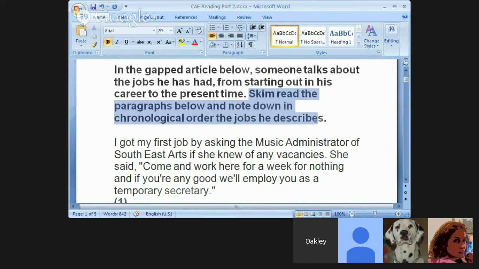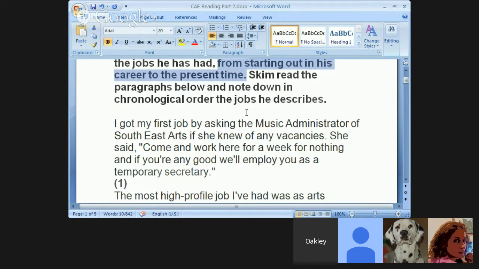Skim the paragraphs below and note down the chronological order of the jobs he describes. Well, this is kind of silly because he's already said starting out in his career to the present time. So obviously we already know it's in chronological order.